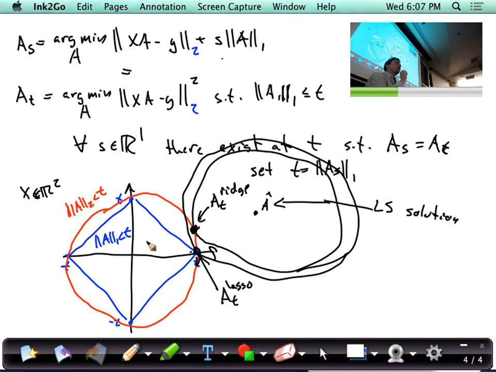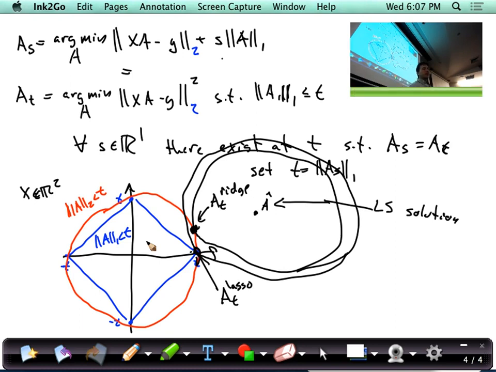So that's a pretty extreme case. But in between these corners, there's going to be these ridges that run along here. And if you hit on this ridge, a line between two of the corners, that means that only two of the coordinates are non-zero.